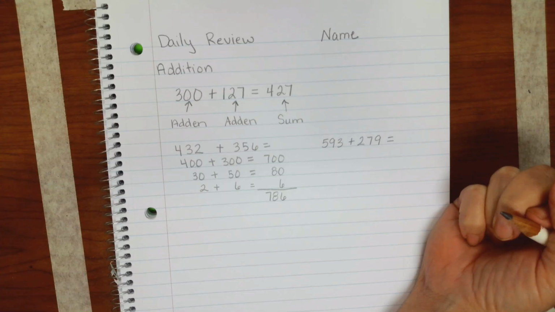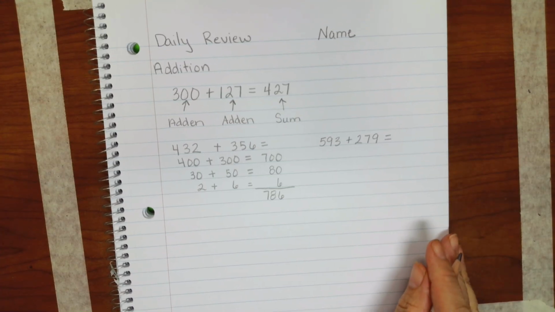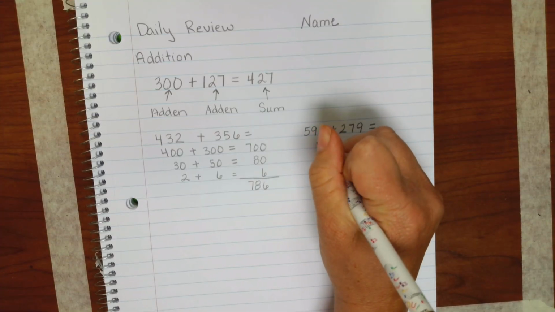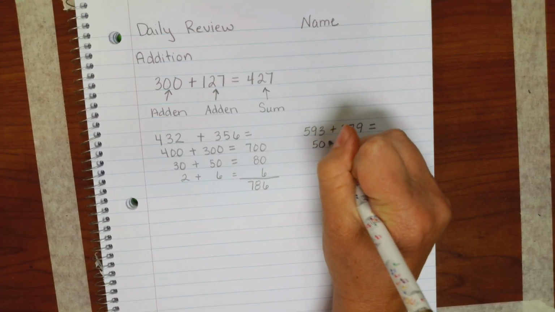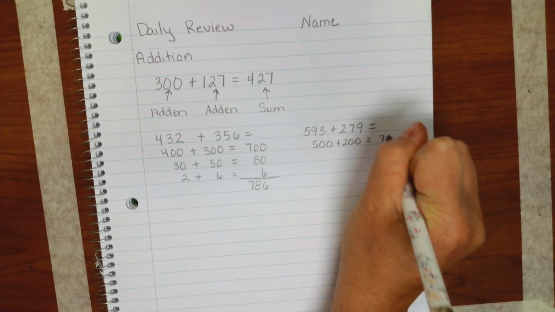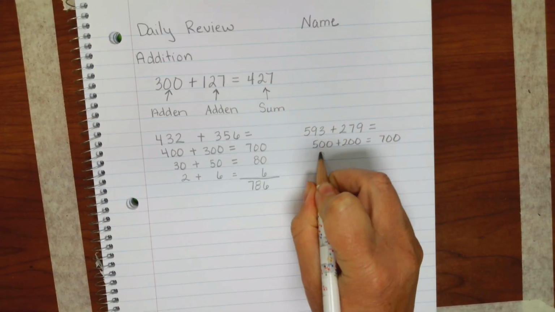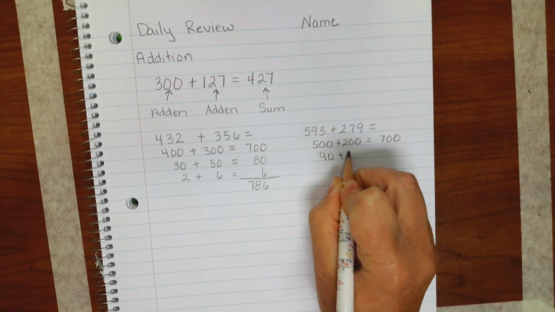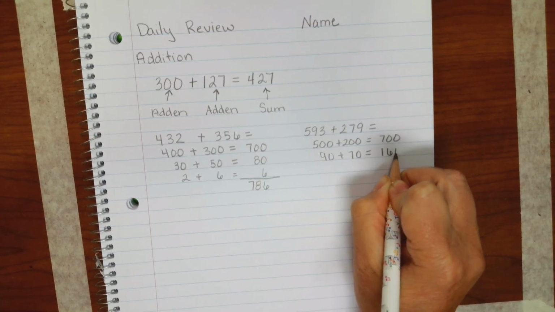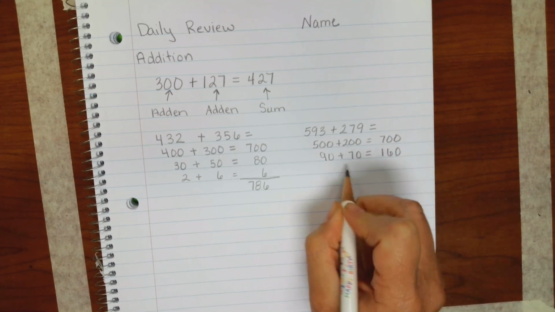If you did, which strategy did you use? Did you use the partial products like we've been working with? 500 plus 200 equals 700. 90 plus 70 equals 160. Make sure to line those place values up.